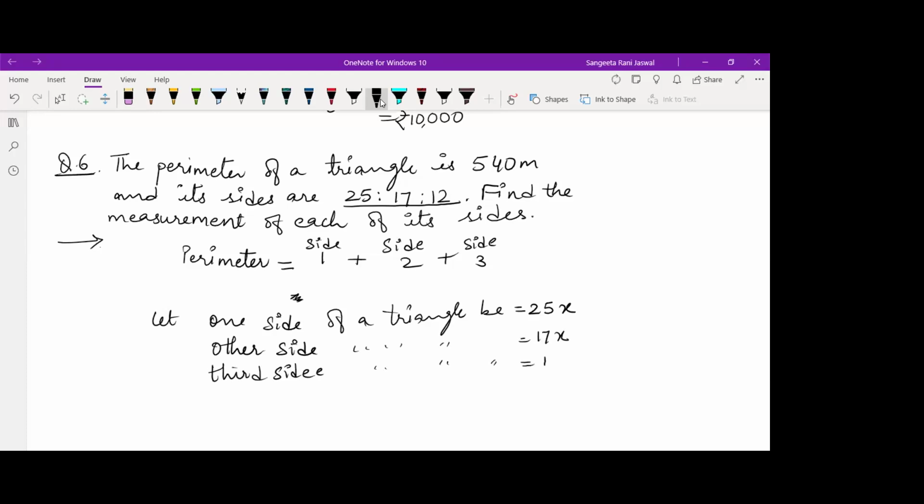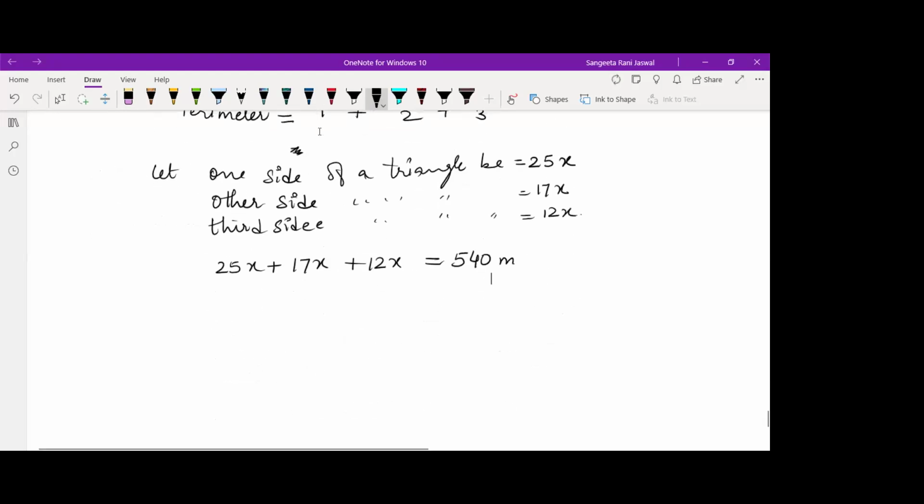Now when we add up all these sides, 25x plus 17x plus 12x, this is the exact length of the sides of the triangle. So this will be equal to 540 meters, which is already given to us, the perimeter, in the question.